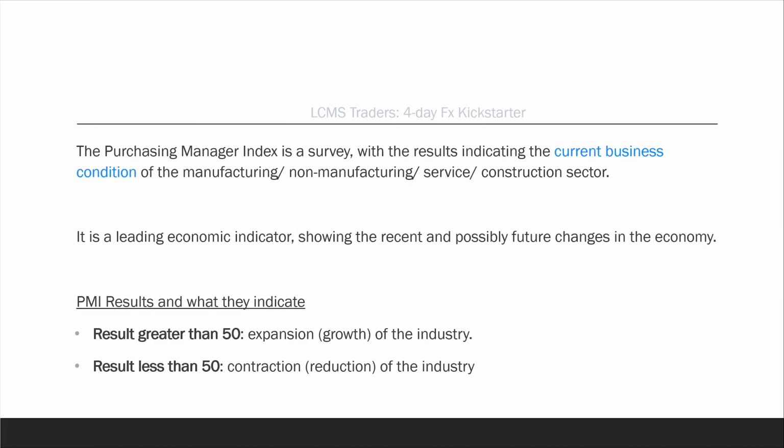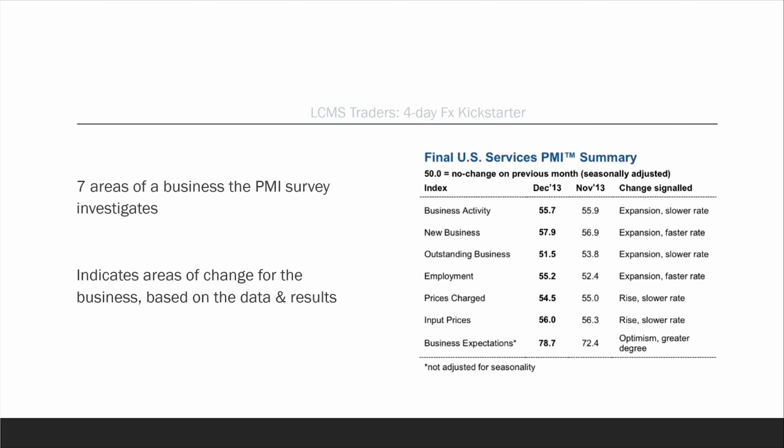So how does this 50 number come around? It's actually through these questions that are surveyed into the companies. They ask them about business activity, new businesses, outstanding businesses, employment, prices charged, input prices, and business expectations. With all that put together, it is calculated. You can see in this example here, business activity went from 55.9 to 55.7.